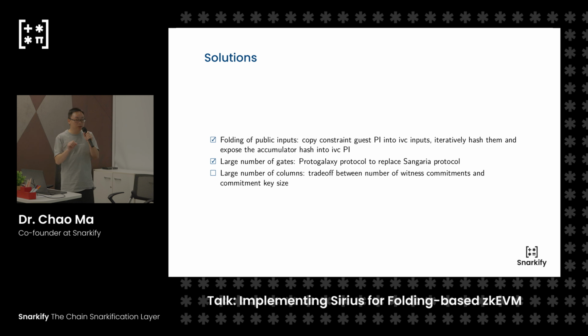Before, when you define the zkEVM circuit or any user-defined circuit, how do you make sure it's publicly verifiable? You make a copy constraint, which means an equivalence relation: they must be equal. Some private data from the user-defined circuit must be equal to the public input. This is what we call the copy constraint, the equivalence relation.